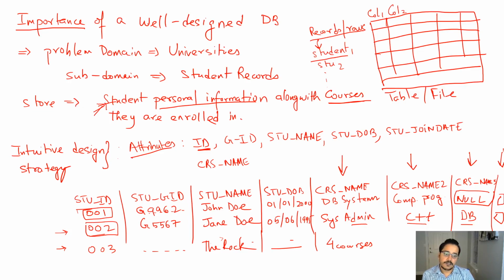Okay. And the other issues that you can have here is if you have noted the way I have written it. If you were responsible for entering the record for John and somebody else, a different system administrator or a database administrator, was responsible for plugging in the value for Jane, or they themselves are responsible for providing those values, then there is a good chance that John may write his course as database systems, and then Jane may write it as databases.